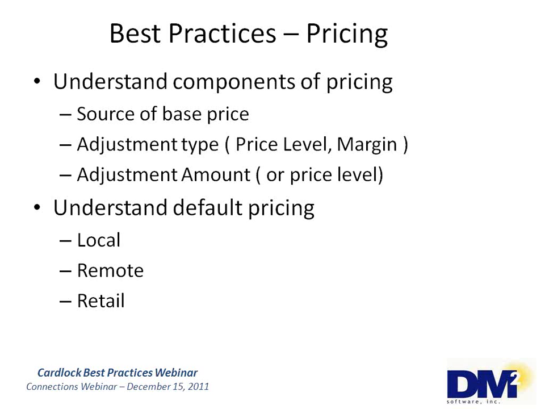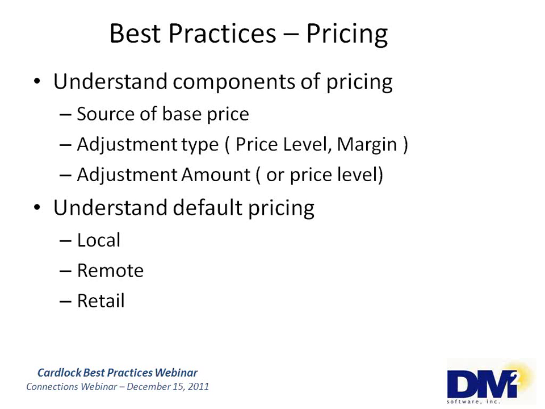But each one of those, pricing has a little bit different routine, has a different source of where it's getting its cost or its price, and has different adjustment types available. So it's real important to understand what these components are when you're looking at pricing.